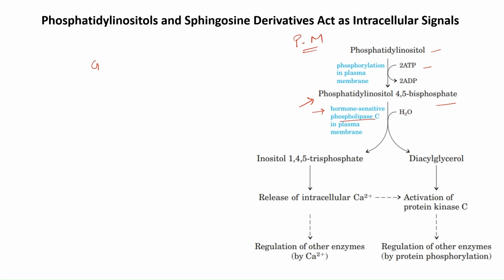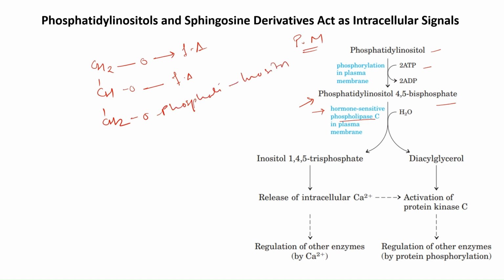If you remember structurally how it looks, this is the backbone of glycerol. Here, fatty acid, second position, again fatty acid. Here, phosphate. And with this phosphate, inositol is attached. So what does phospholipase do? Phospholipase breaks this bond.